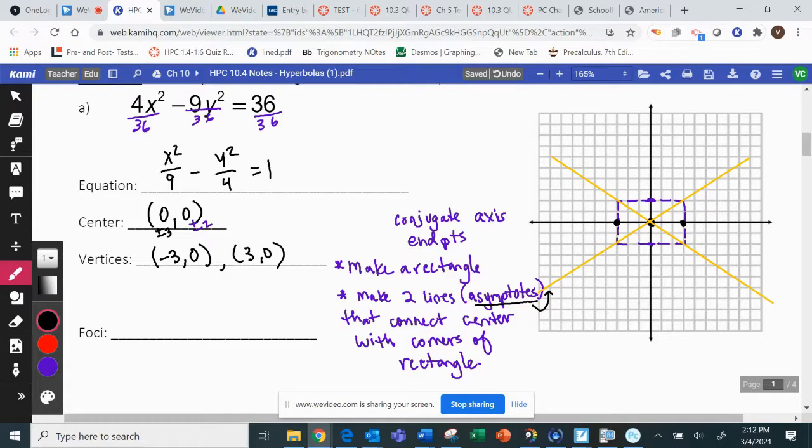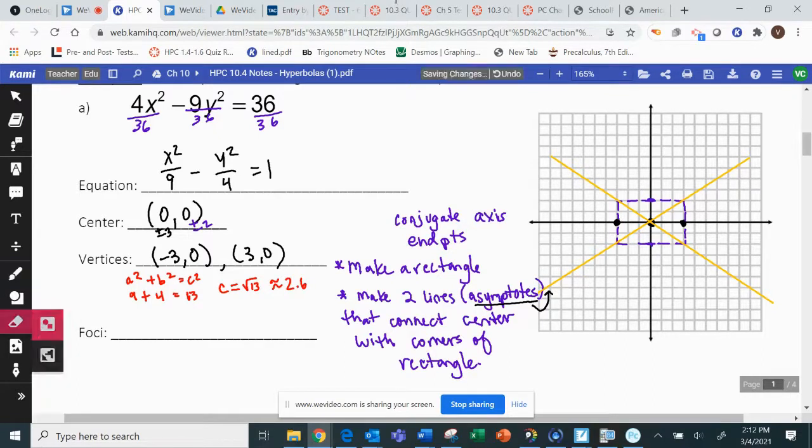I'm going to find my foci next by doing a squared plus b squared equals c squared. So I'll do 9 plus 4, and that's 13. So c is the square root of 13, which is about 3.6.